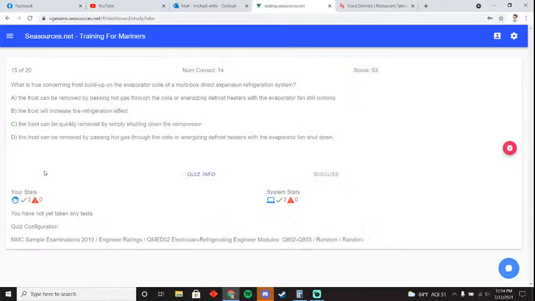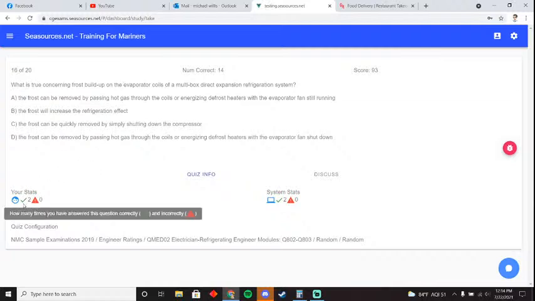What is true concerning frost buildup on the evaporator coils of a multi-box direct expansion refrigeration system? You see, this is how many times I've answered the question today, how many times I've seen it.